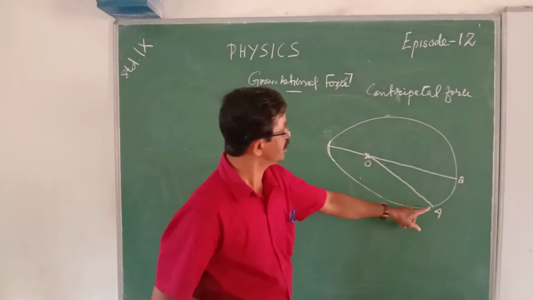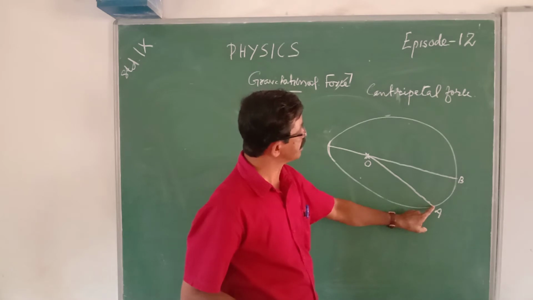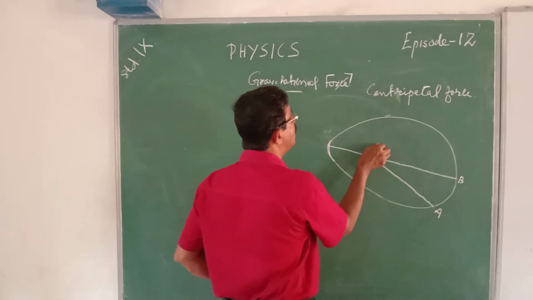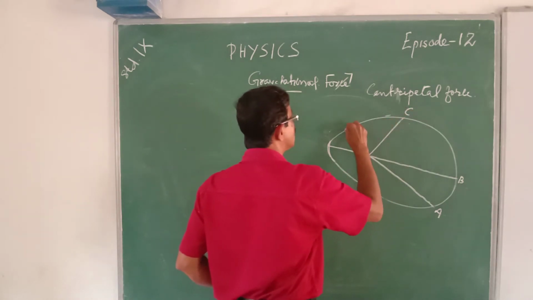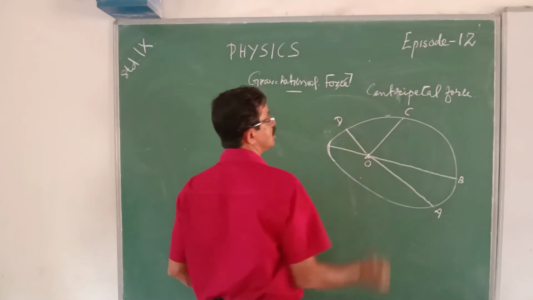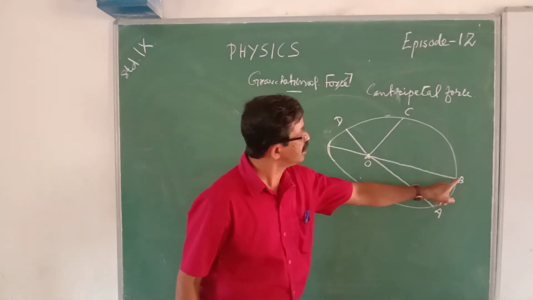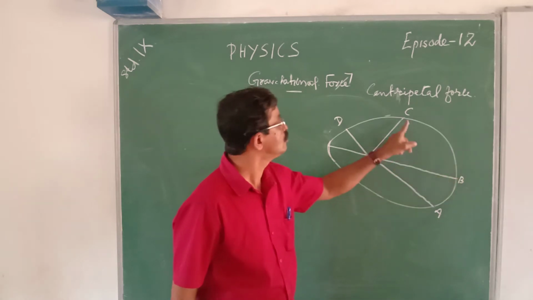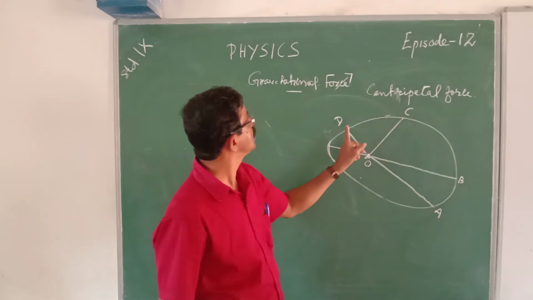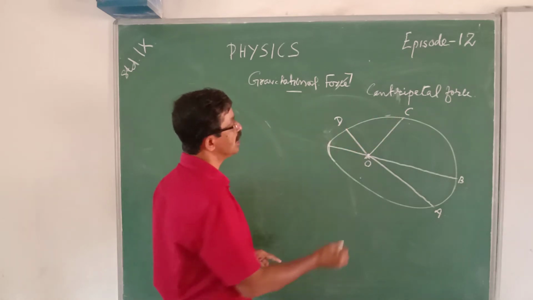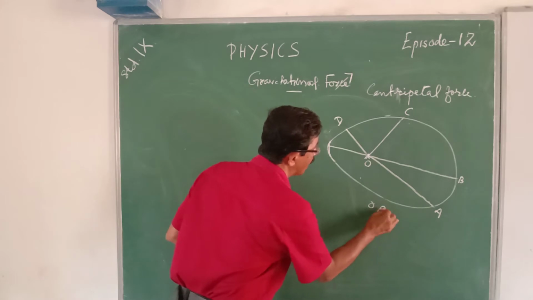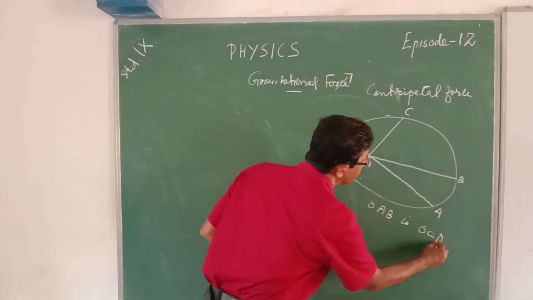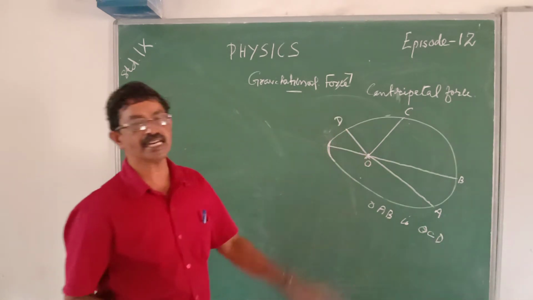The time taken by a planet to reach from A to B is the same as the time taken from C to D. Then area OAB is equal to area OCD. This is the second law.